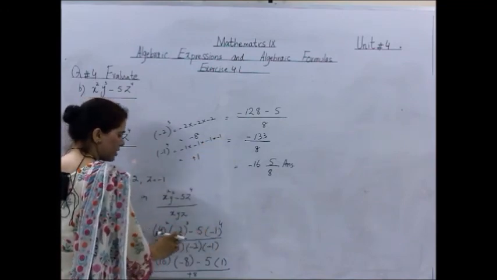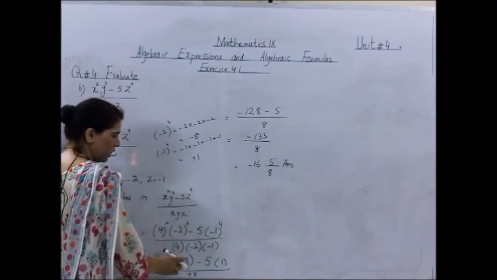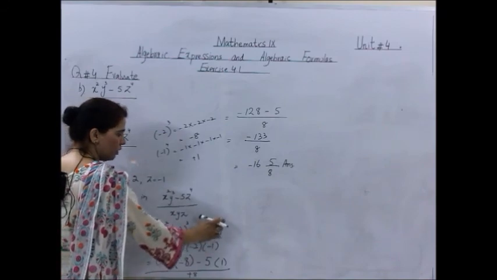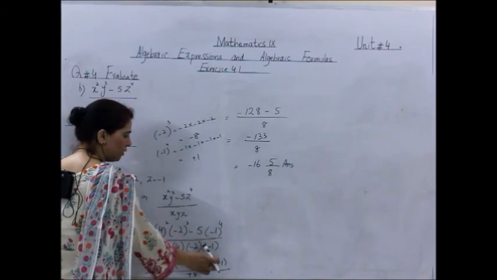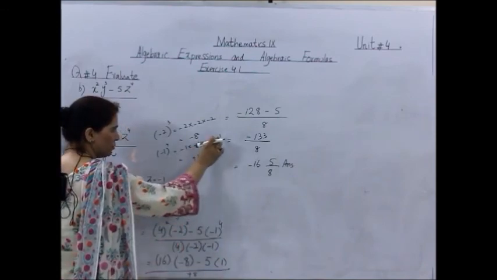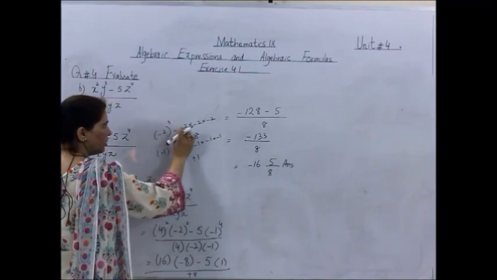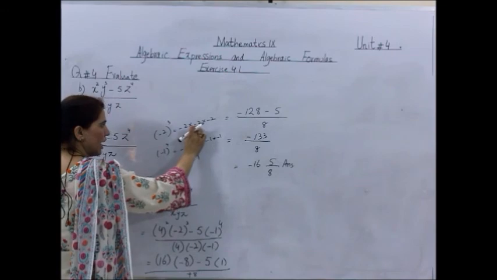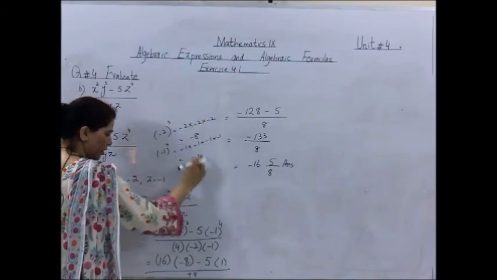And the simple thing is that when the power is odd, the minus will be there, and when the power is an even number, the minus will become plus. But when the power is an odd number, the minus stays, and again you will be left with 1 minus, so the minus will be there.